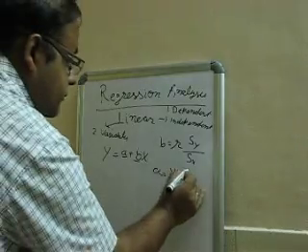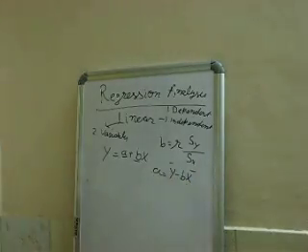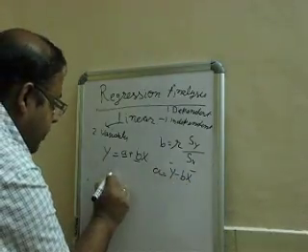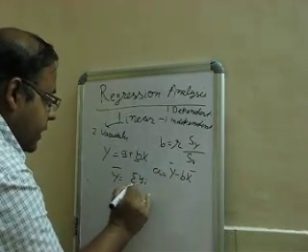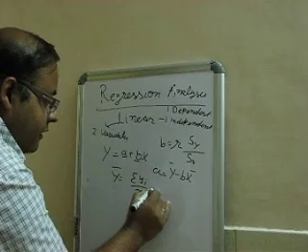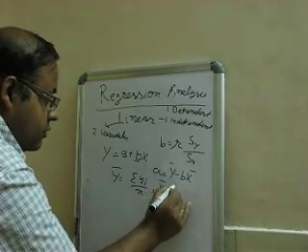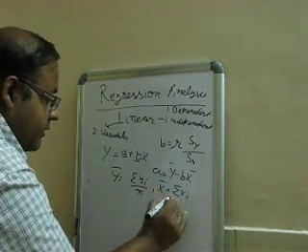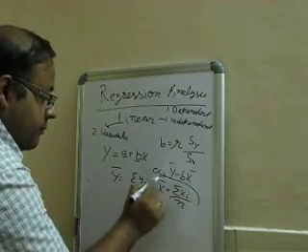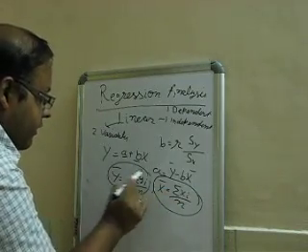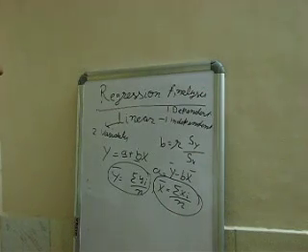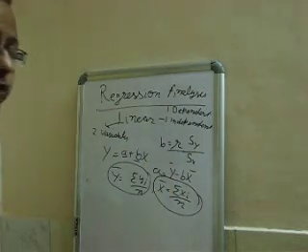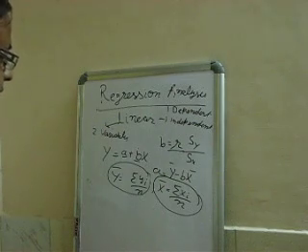Okay, y bar is summation yi divided by n, and x bar is equal to summation xi divided by n. It's nothing but the mean of the two variables x and y. Okay, r is nothing but the coefficient of correlation that we have just determined.